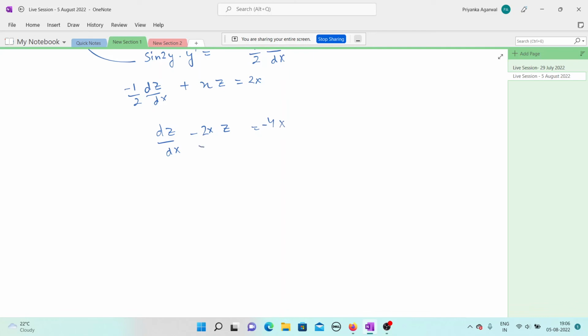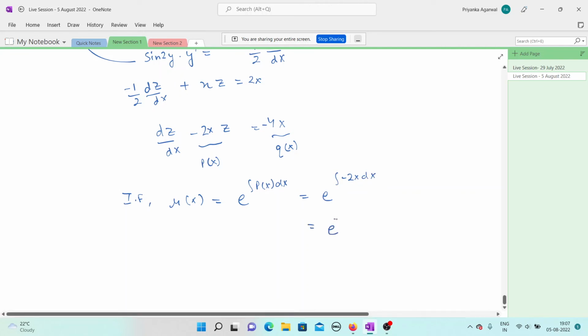Okay. So this is now your linear differential equation where this term is P(x) and this term is Q(x). So the integrating factor mu(x) will be e to the power integral P(x) dx. So this becomes e to the power integral of minus 2x dx, which is e to the power minus x square. So this is your integrating factor in this particular problem.